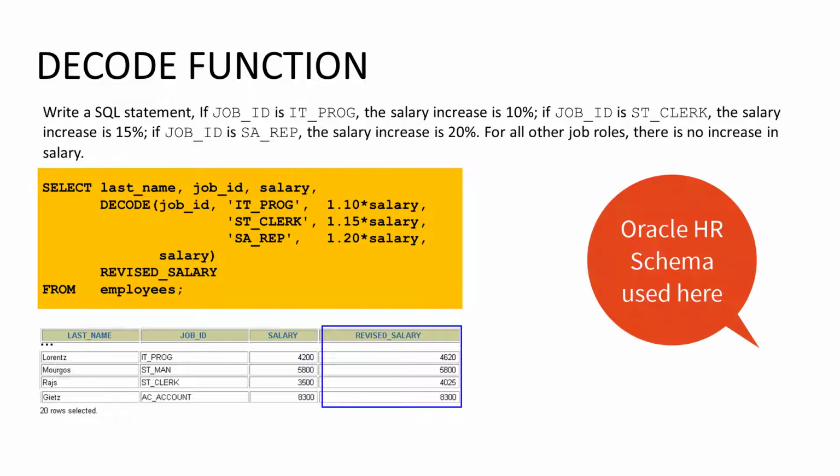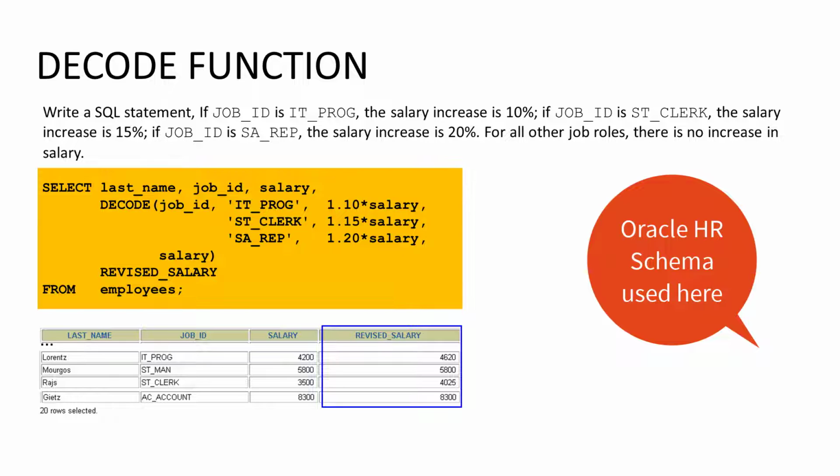So this is the decode function, and here is the same example solved with the decode function. Here we select last name, job ID and salary columns, and after that we use the decode function, and the expression is job ID and IT programmer as search, and 10% of salary is result 1. After that we write another search for store clerk and the salary will be 15%.